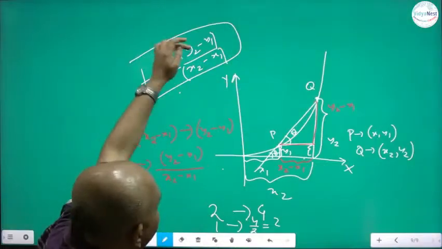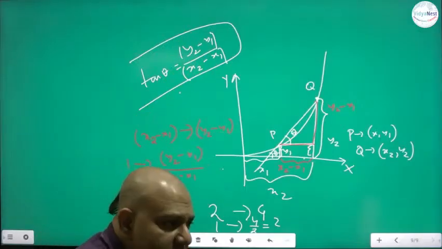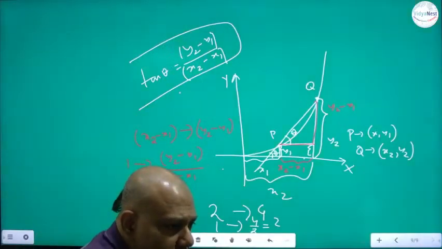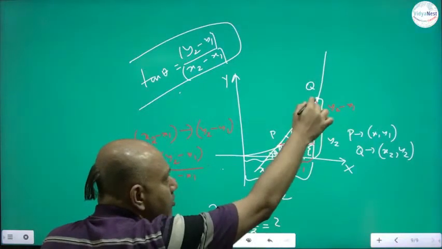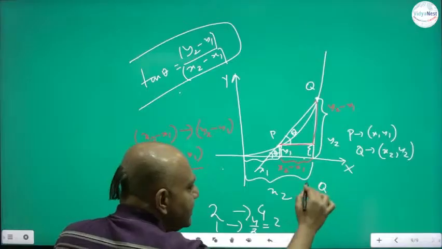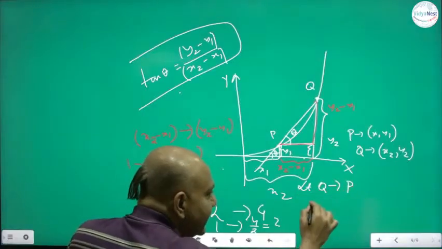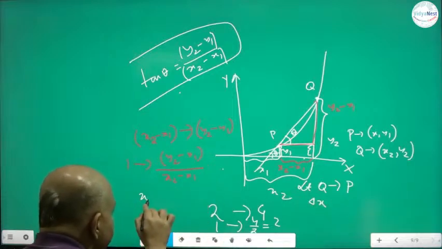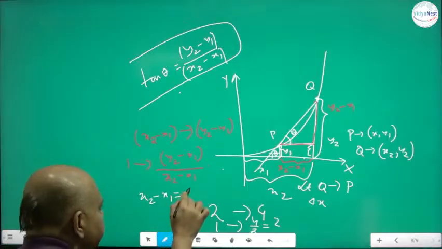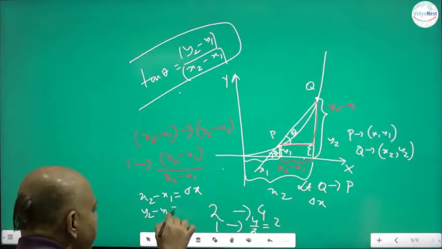Both the numerator and denominator are going to come very small. Then at the extreme situation, when Q tends to P, this x2 minus x1 I am telling delta x, and this y2 minus y1, I am telling delta y.